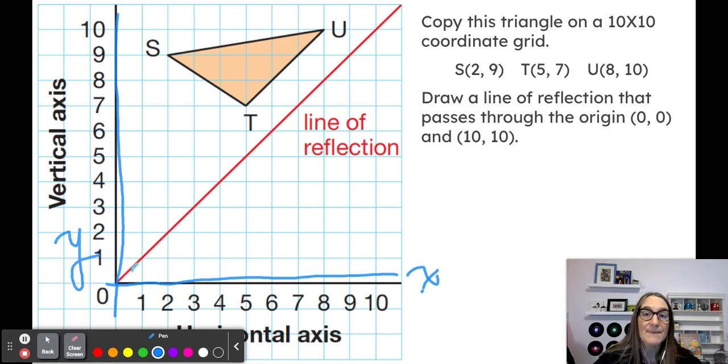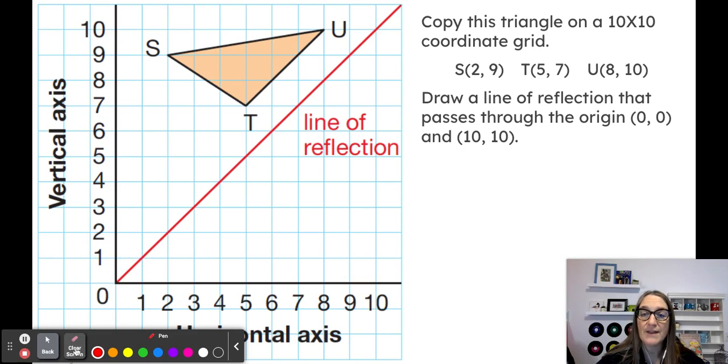And where it bisects or cuts them in half, it creates a 45-degree angle because, of course, the x and y axis are perpendicular, so they create a right angle where they intersect. And if you bisect that right angle, cutting it in half, you make a 45-degree angle.